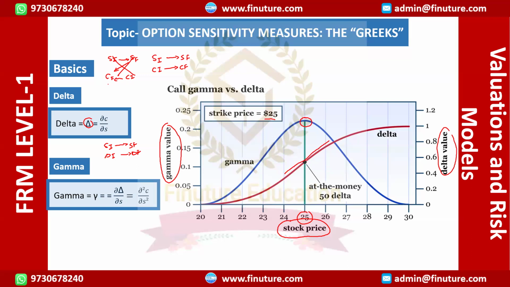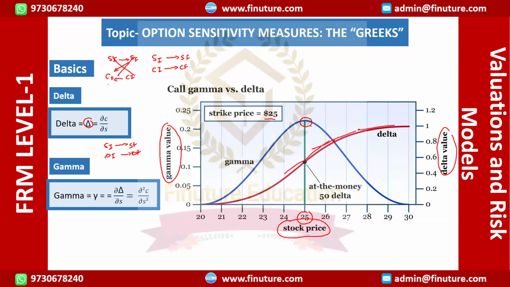So delta is 0.5 at the money, and the rate of change of delta is highest for the at the money option. If you draw any other tangent to this red curve, those would be quite flat. This one that you see here, where your delta is 0.5, is where your gamma is highest. That's how it can be interpreted.